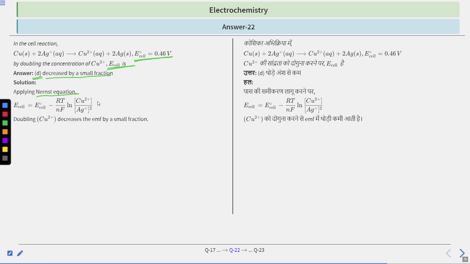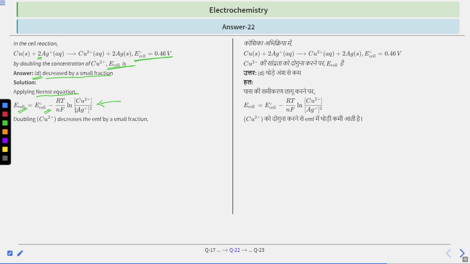So Cu2 positive, the oxidized state, divided by the reduced state, Ag positive whole square, because 2 is the stoichiometric coefficient of Ag positive, so 2 will go in the power. Okay, and this is the Nernst equation. E cell is the electrode potential, E naught cell is the standard electrode potential.